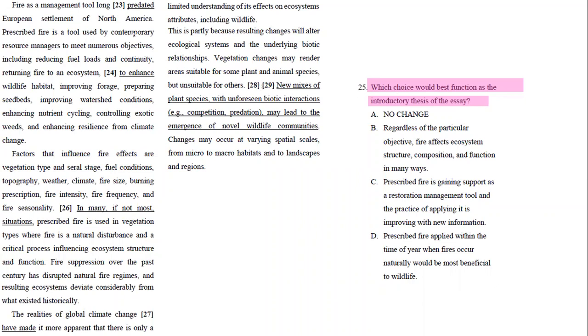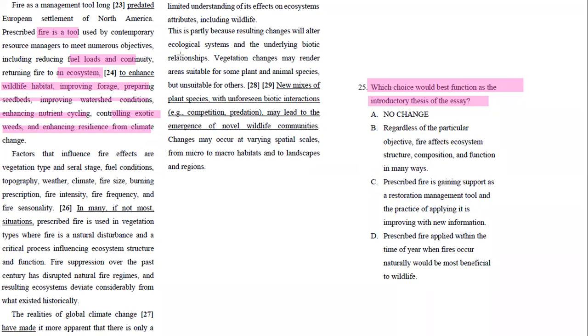If I look at the paragraph, I'm going to see that the essay is talking about how fire can be used as a tool to meet numerous objectives, including fuel loads and continuity, returning fire to an ecosystem, enhancing wildlife habitat, improving forage, preparing seed beds, improving watershed conditions, enhancing nutrients recycling, controlling exotic weeds, and enhancing resilience from climate change.